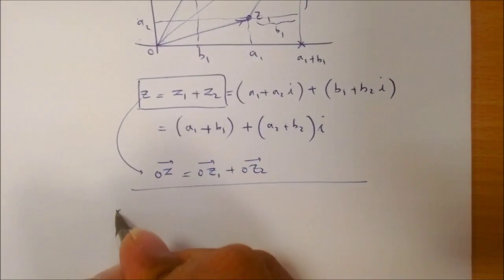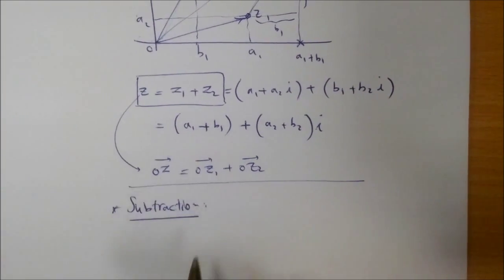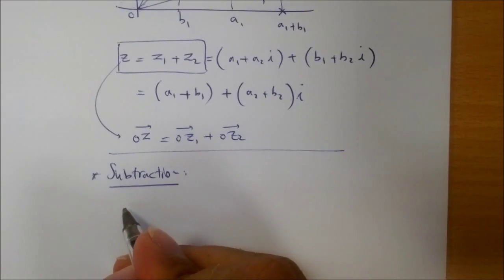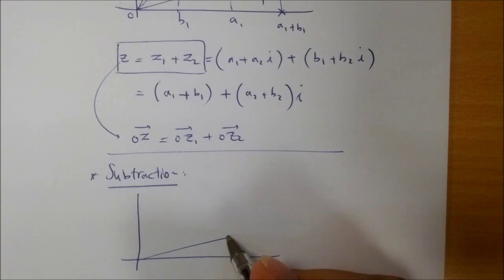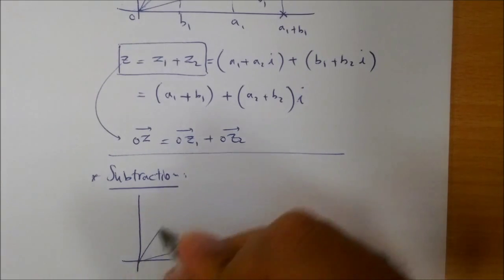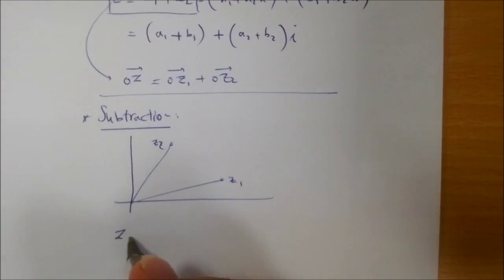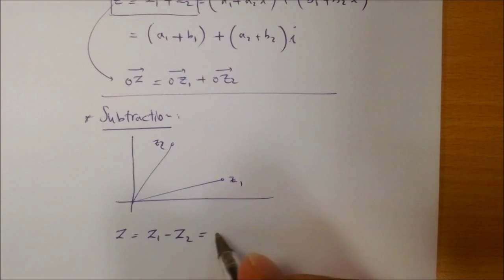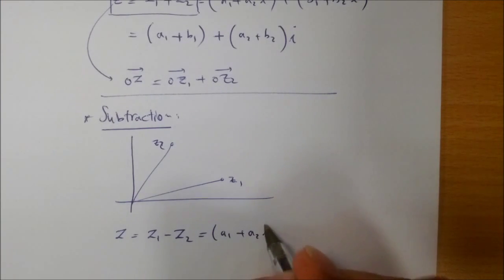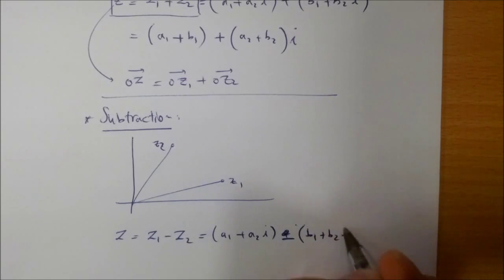For the subtraction, we will have the same story here. If I consider z1 and z2, two arbitrary complex numbers, z equal to z1 minus z2 will be (a1 minus a2) plus (b1 minus b2) i.